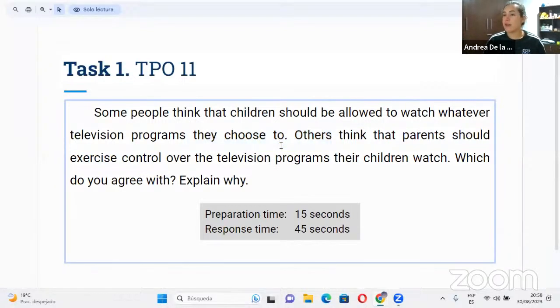I don't know, violence. I would maybe go for that, right? So you can say, I totally agree that parents should exercise control over the television programs that their children watch, since there are so many television programs nowadays that display inappropriate content for children. And then you give an example, right?